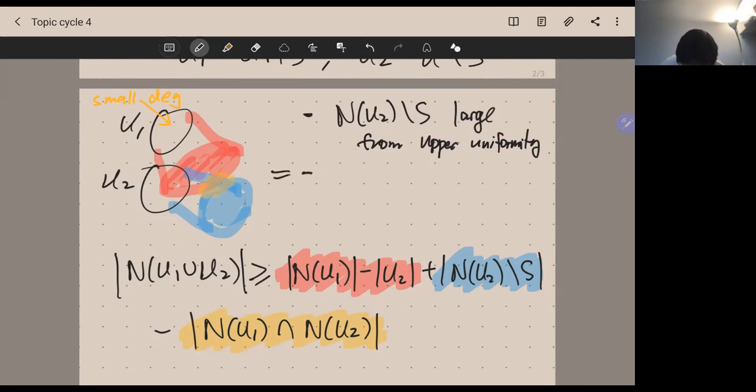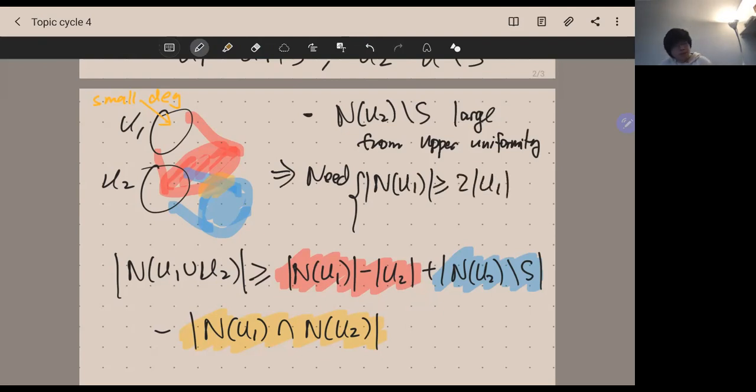So this implies that our main task is to show that the set of small degree vertices expand by a factor of 2. And their intersection, when we do inclusion and exclusion, is small, okay?